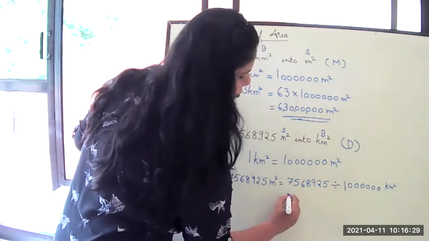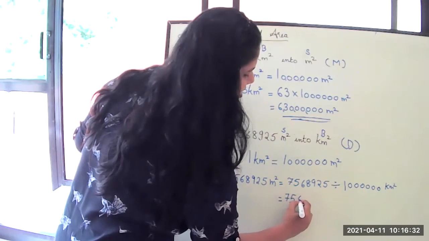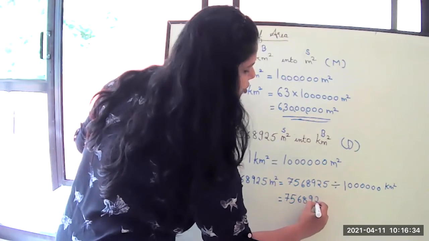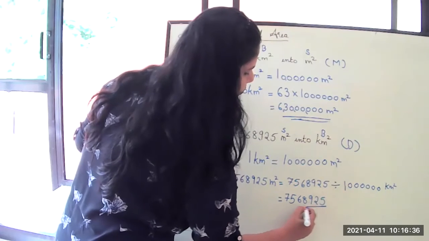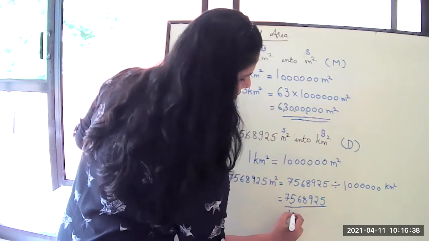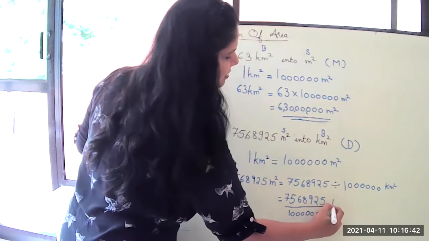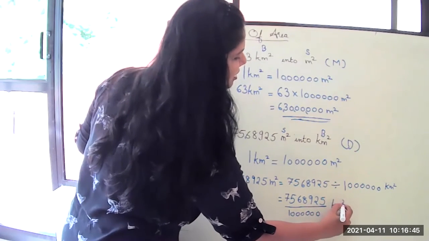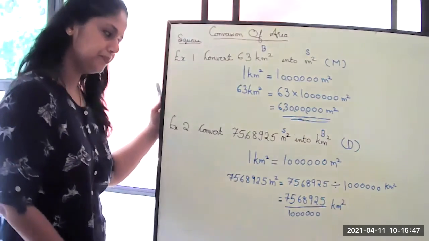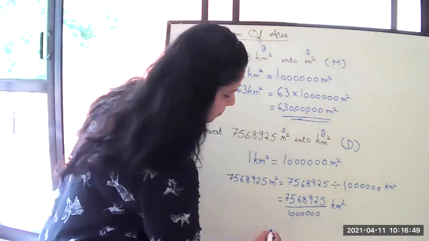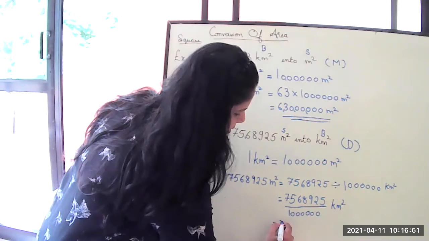That is equal to 7568925 upon 1, 2, 3, 4, 5, 6. Here the unit is kilometer square.